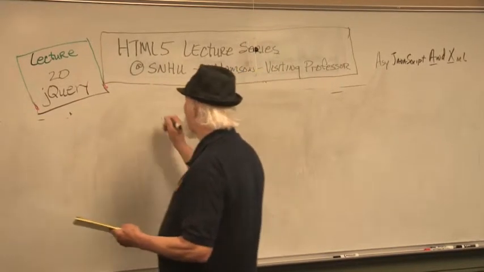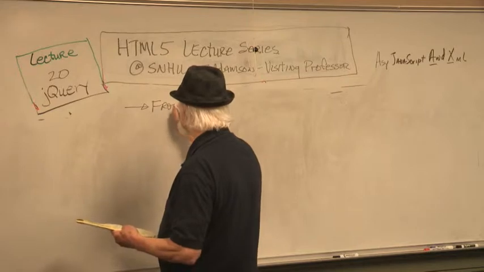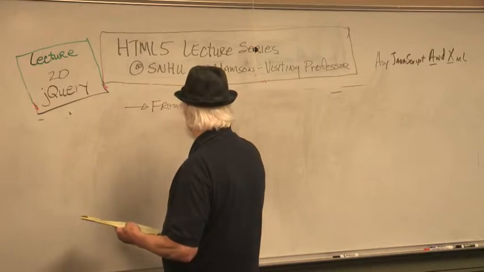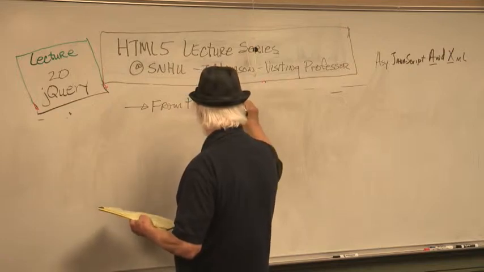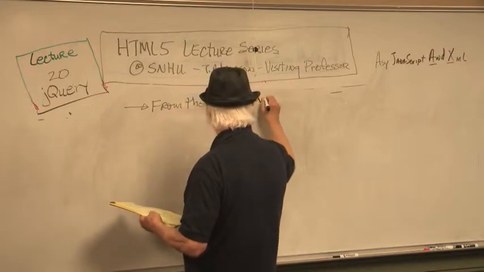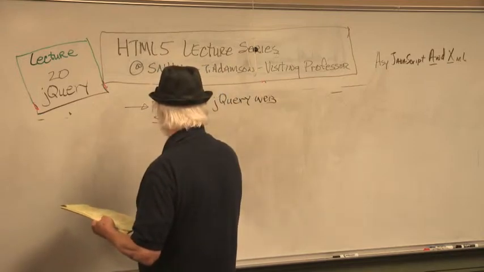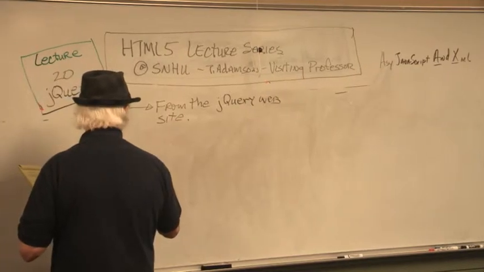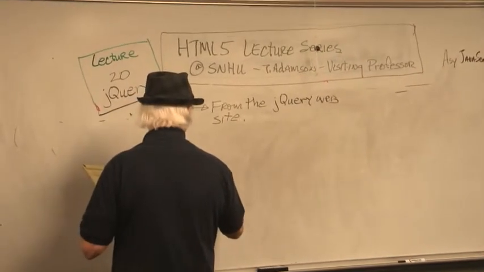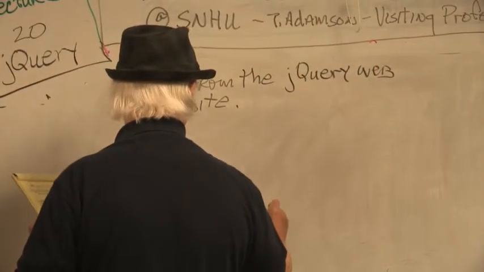You can get jQuery from two ways. You can get it from the jQuery website. That's one place. And the other place you can get it from is a CDN.